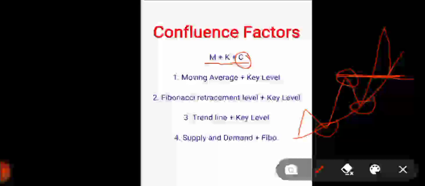I see that the moving average is being respected plus the key level. So this now is an A plus trade, because you see that people that make their trades based on moving average alone will be going long here, and people that make their trade based on key level, the support and resistance level, they are also looking to buy here.